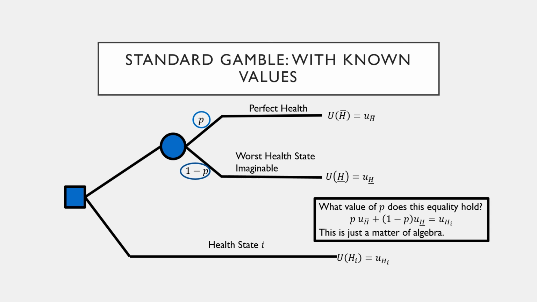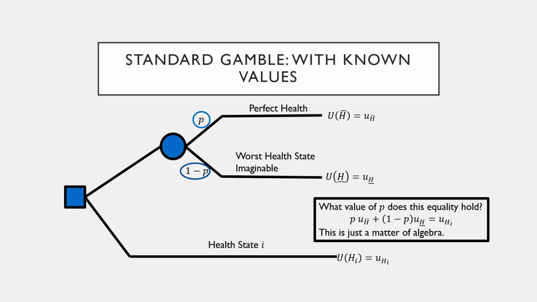We're going to focus on these values, p and 1 minus p, and ask the question, for what value p does the equality hold, that this gamble between the highest health state, which would be 197, and the lowest health state, which would be 49, would generate this known value hi here. So that's how you would address this.